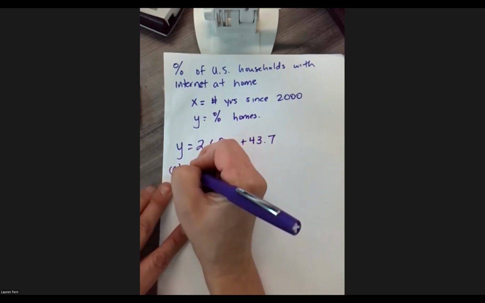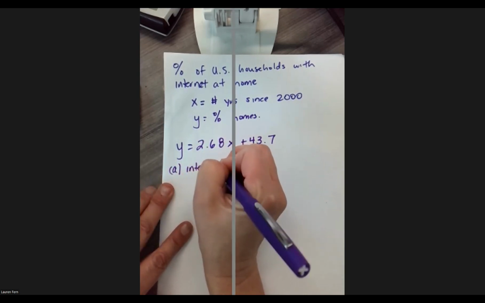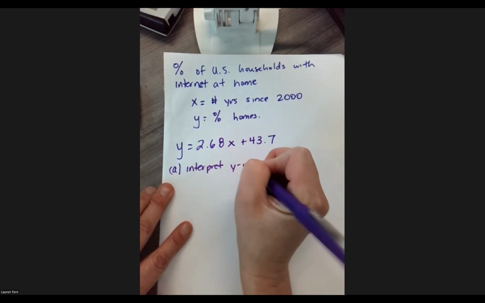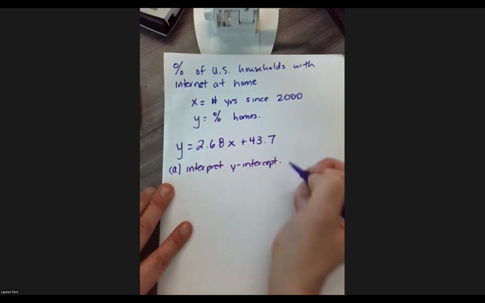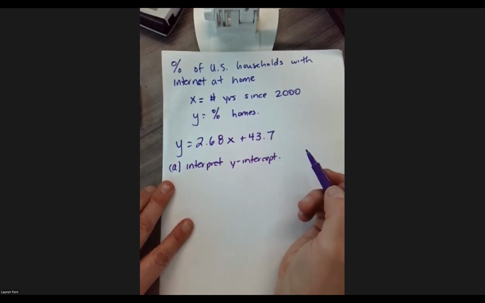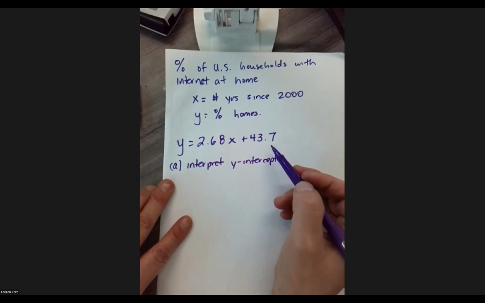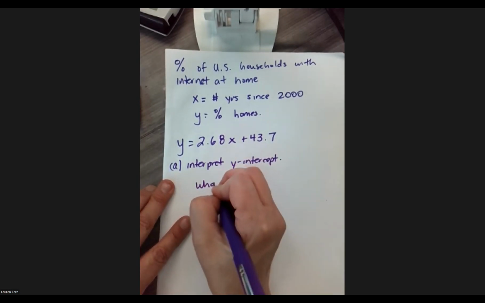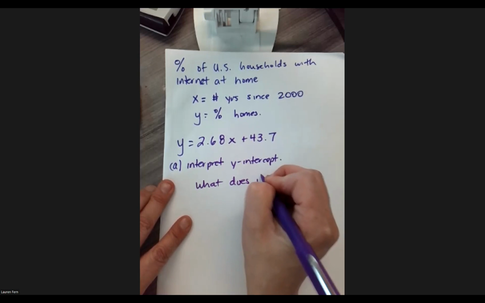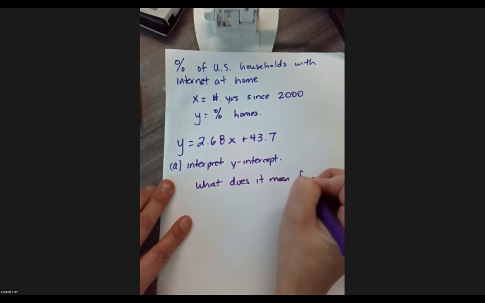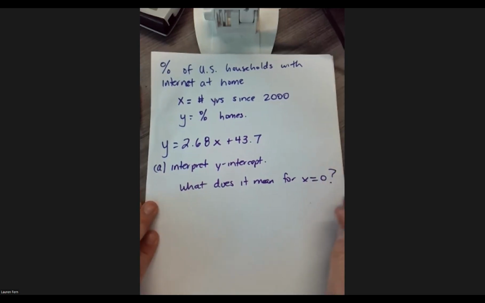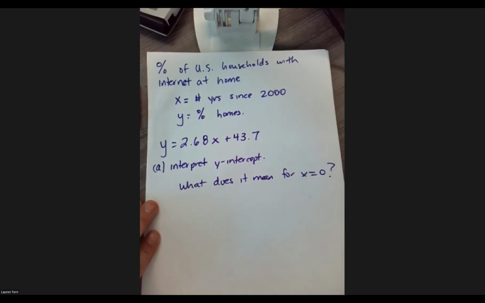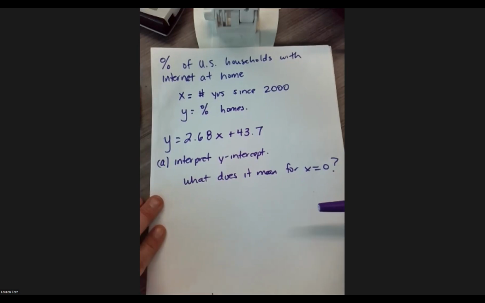So the first thing I want us to do is interpret our y-intercept. In order to do that, what we need to ask ourselves is, what does it mean for x to be equal to 0? Because by definition, the y-intercept is the value of y when x is equal to 0.